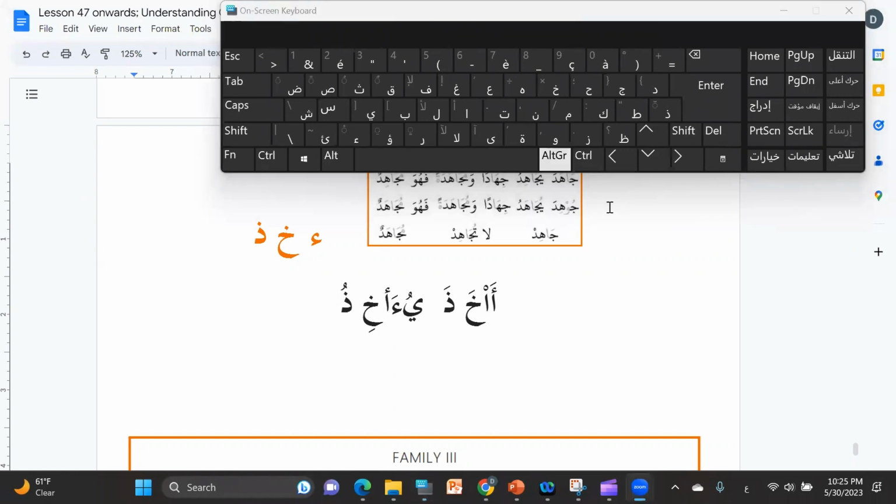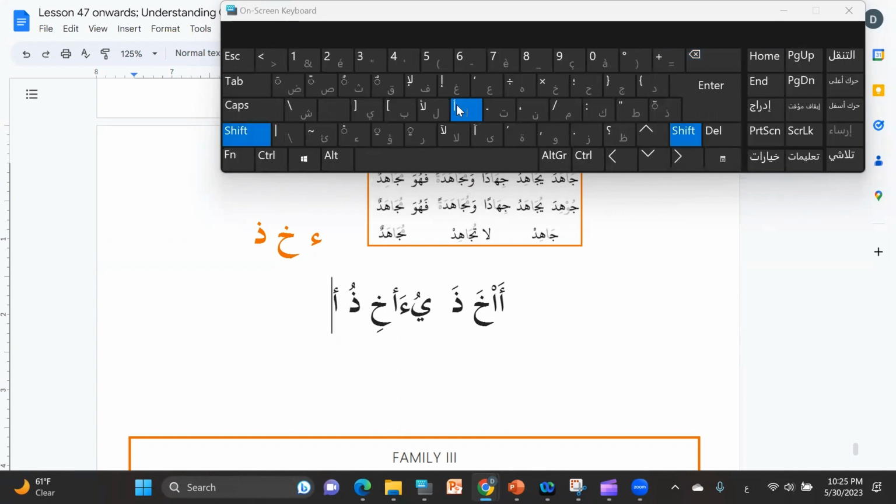What is the fa kalma? Hamza. And then alif is coming from the pattern jahada, right? So akhaza, yuakhizu. Then for masdar we have the pattern jihadan. Fa kalma is Hamza.